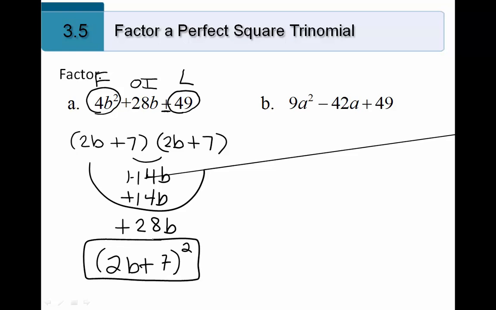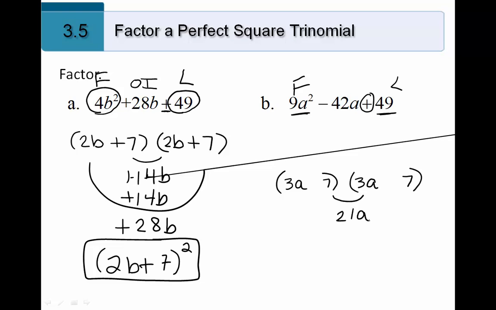All right, let's look at the next one. Notice this is positive. Notice here we have a perfect square and here we have a perfect square. So I'm going to draw my two sets of parentheses. 3a multiplied by 3a is 9a squared. 7 multiplied by 7 is 49. And now let's check my inner and outer. 7 times 3a is 21a. 3a times 7 is 21a.